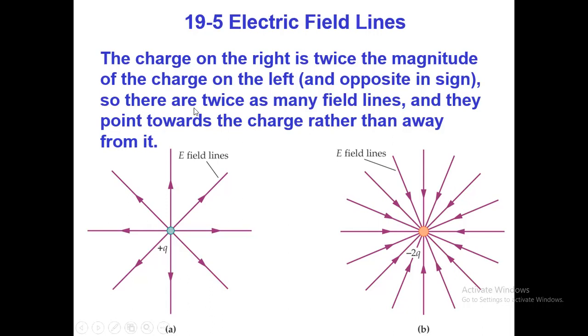So there are twice as many field lines. You can already see that there are many lines of forces because the magnitude of charge is twice, and they point toward the charge rather than away from it.